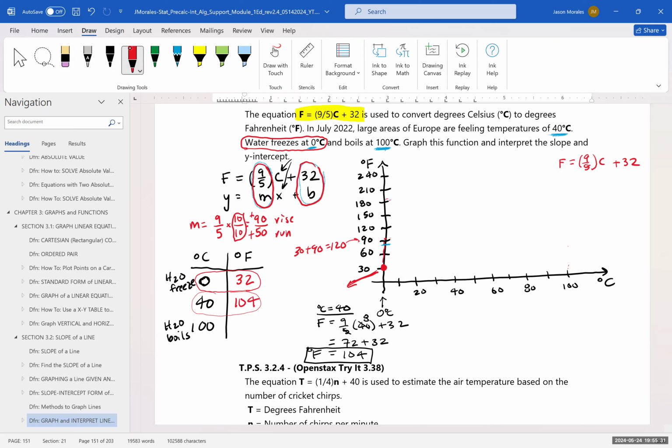If we go 90 up from 32, that's going to be 122. That's this point. And then we'll come over here to 50, and that's our point. And then if we go 90 up from 120, that's a little over 210. And then up from 100. There we go.